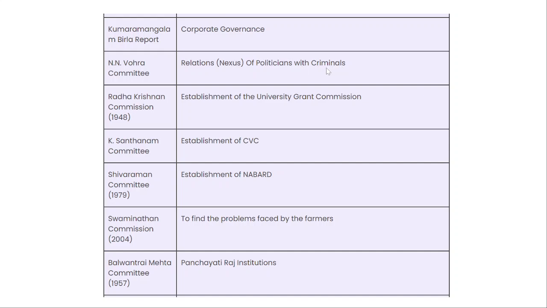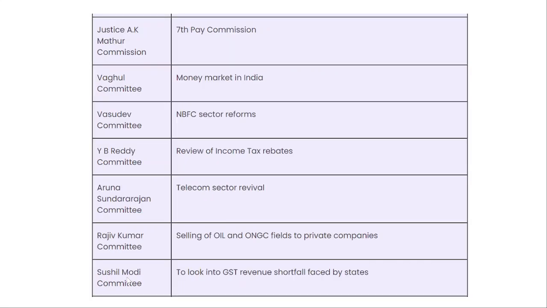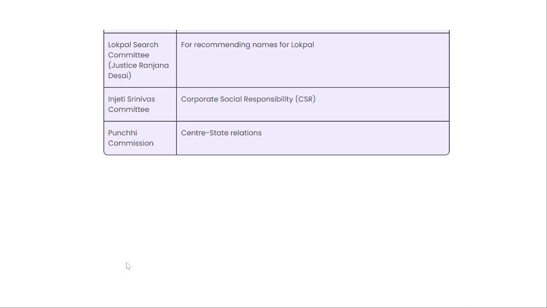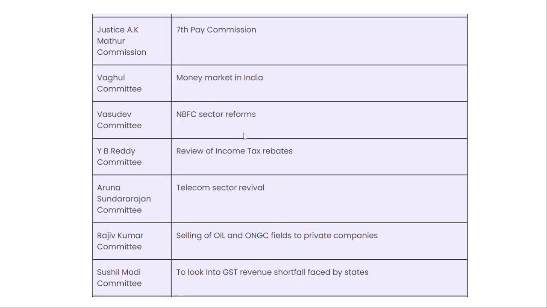This criminal and politician nexus is the NN Vohra Committee. Kumara Mangalam Birla, corporate governance. Swaminathan Commission, problems faced by farmers, 2004. Balwantrai Mehta Committee, Panchayat, Balwantrai Mehta, Ashok Mehta. Tungon Committee and all this we have seen. Just go through all these things. Punchhi Commission is also Central State Relations. All these are very important.